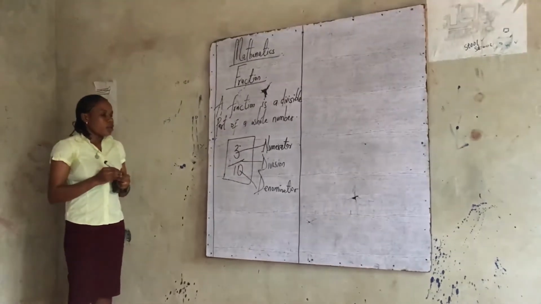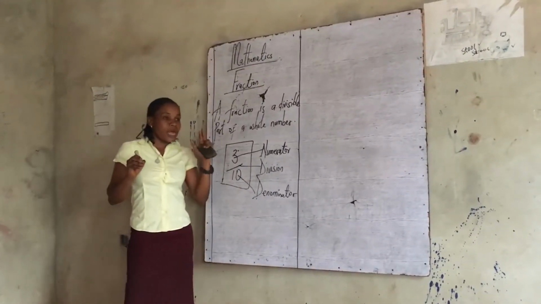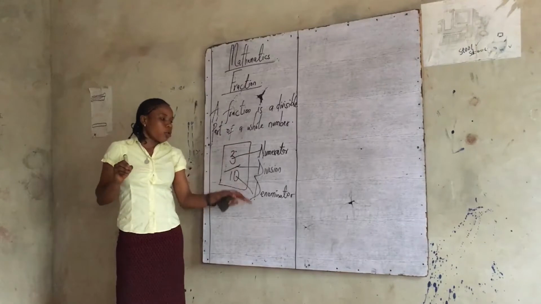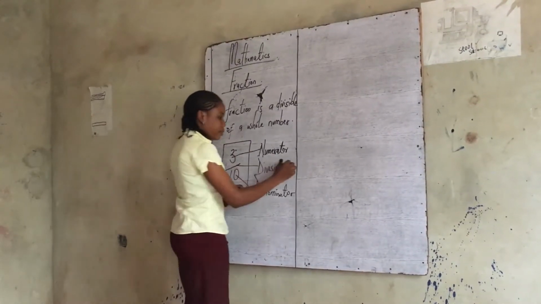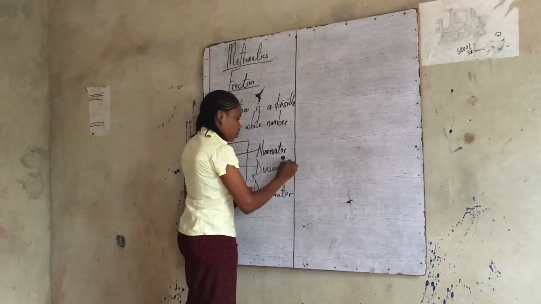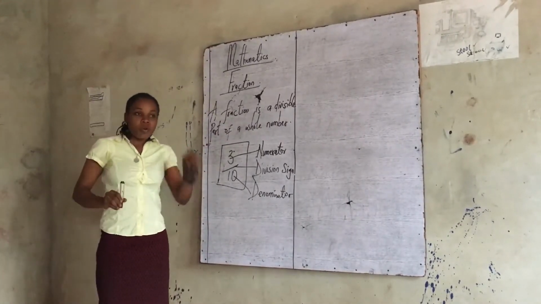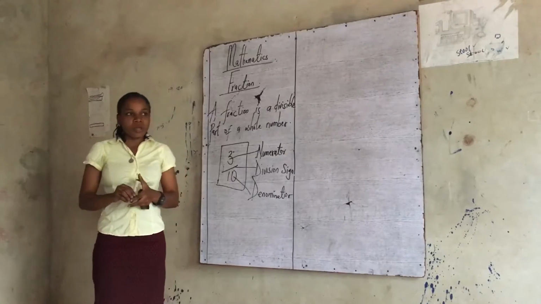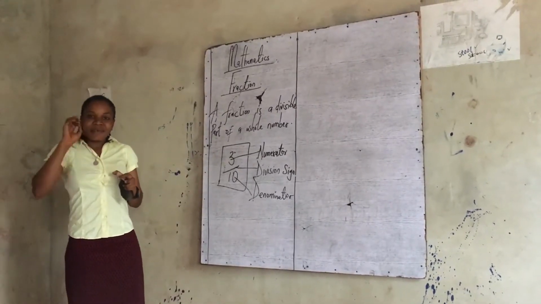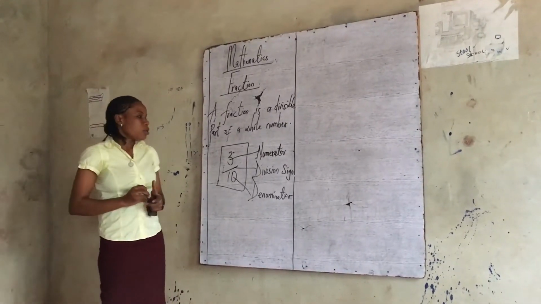Now, I said that a fraction must have a numerator, a division sign, and a denominator, except one type of fraction, which is a decimal fraction. That one only has a decimal point.